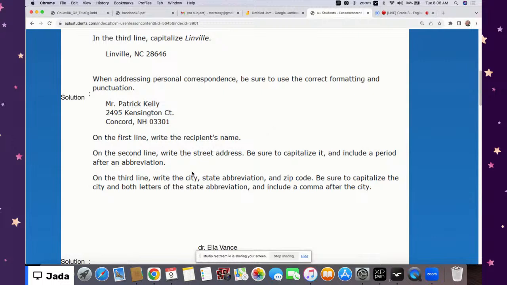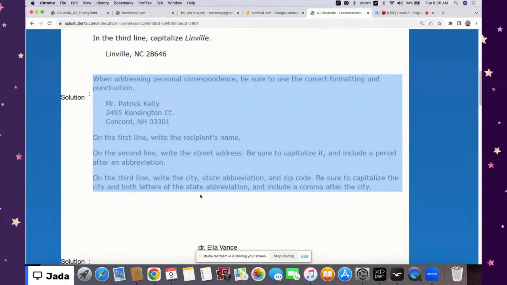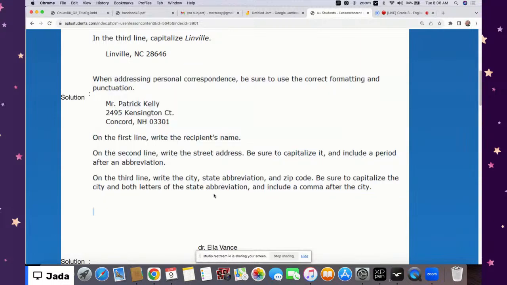Be sure to capitalize the city and both letters of the state abbreviation and include a comma after the city. So if you are abbreviating the states, make sure that you use capital letters and include a comma after the city.